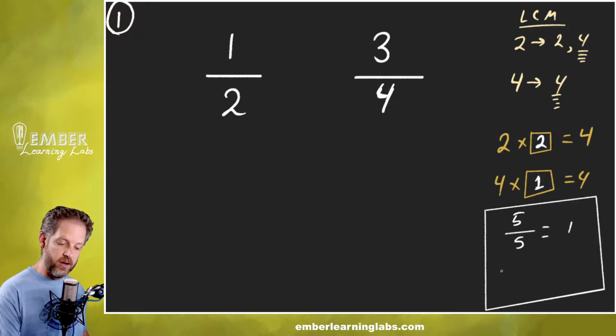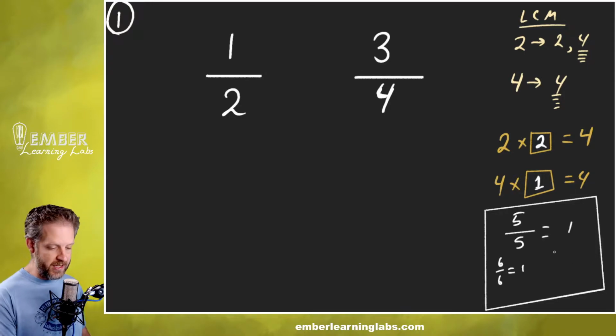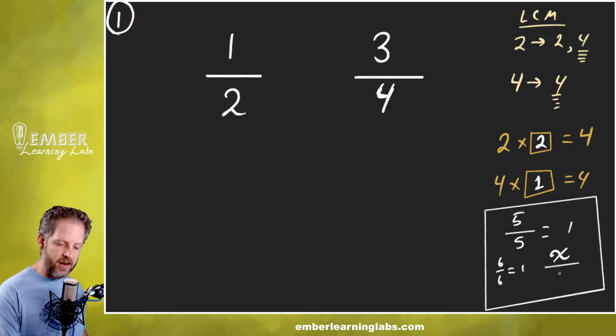It's 1. We can do the same thing with 6. That's also 1. I'm going to sneak in a letter here. We can do it with any number. Any number over itself equals 1, right? And so we can do that.